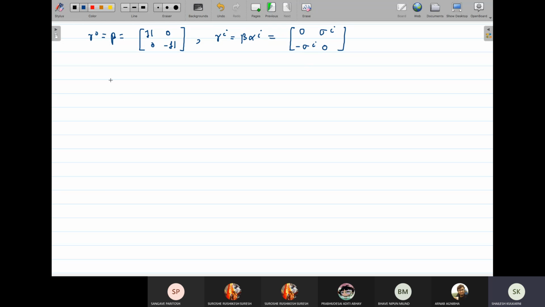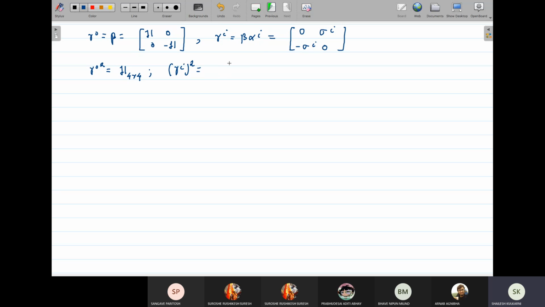Now you see that gamma 0 squared, since it is beta, is equal to identity, so it is a 4 by 4 identity. But what about gamma I squared? Gamma I squared is beta alpha I into beta alpha I. You use the anti-commutation relation between alpha and beta and take beta to the extreme left.